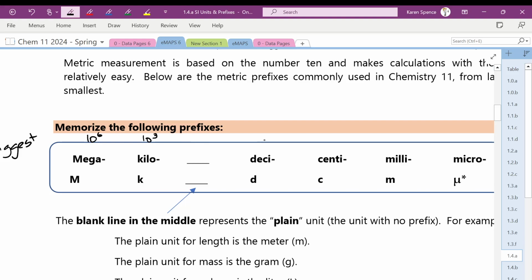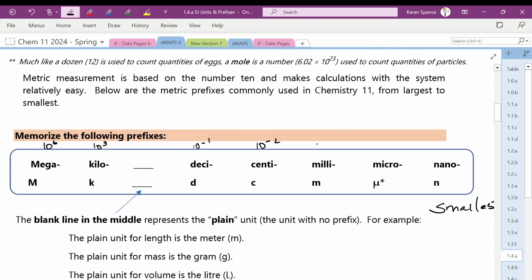And then we have deci, which is 10 to the negative 1. Centi, 10 to the negative 2. Milli, 10 to the negative 3. Micro, 10 to the negative 6. And nano is 10 to the negative 9.